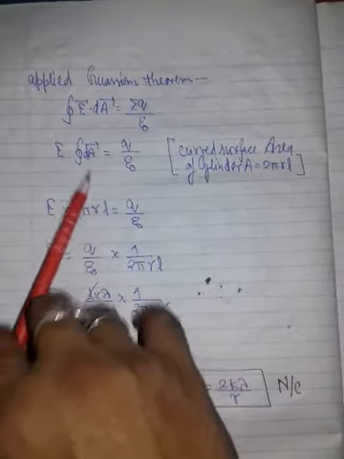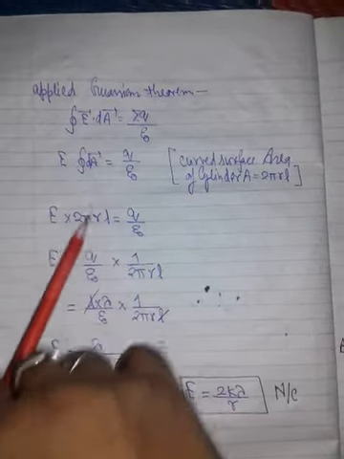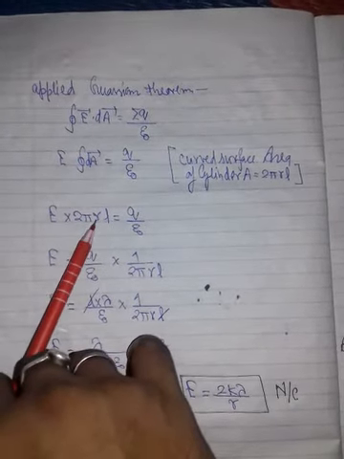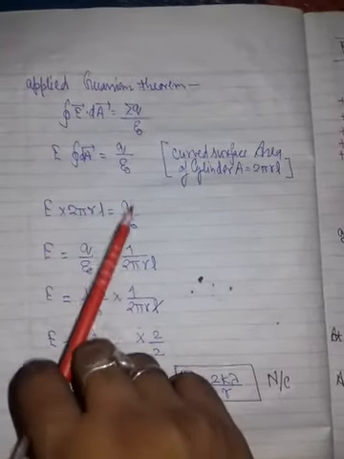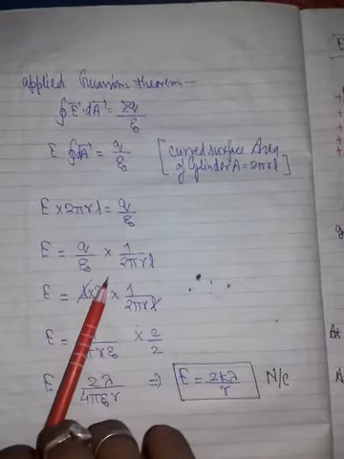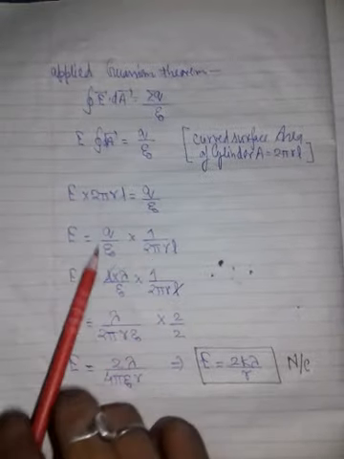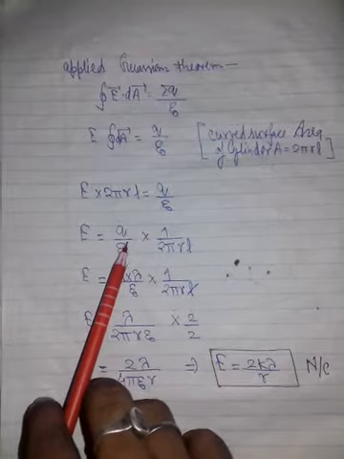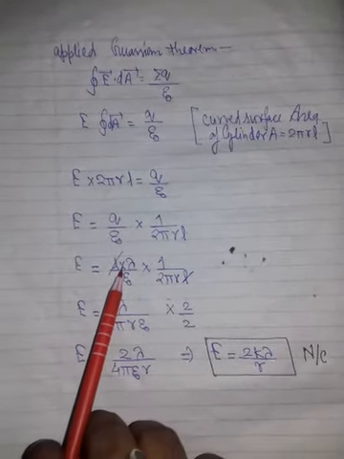Putting in this value, the surface integration gives 2 pi r l, and solving the equation, cross multiplying and putting the value of the charge, which is lambda times length.